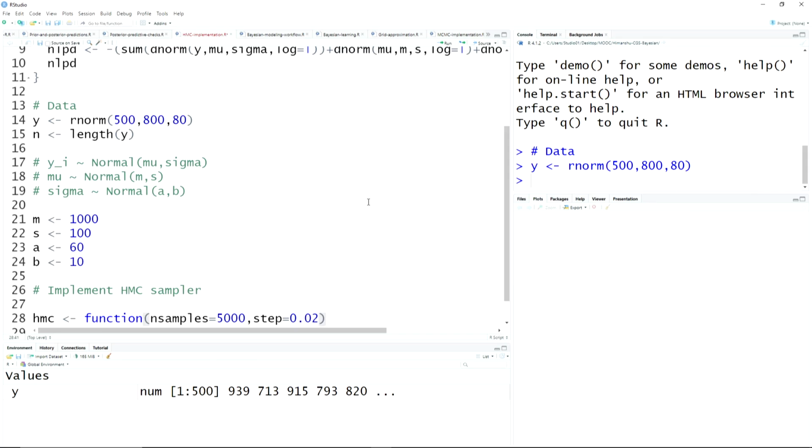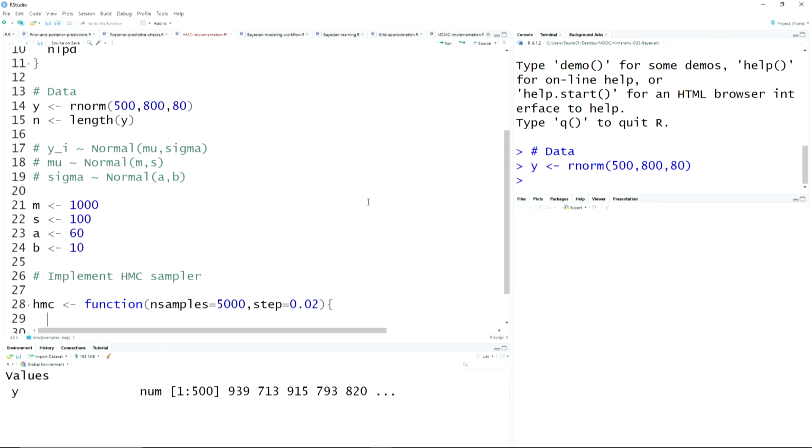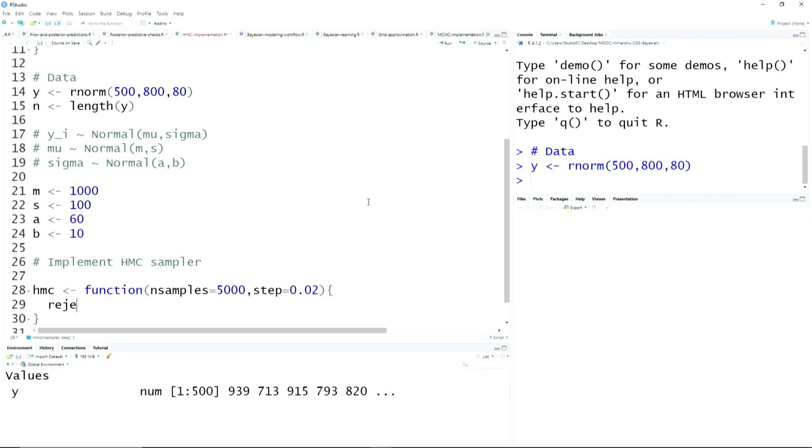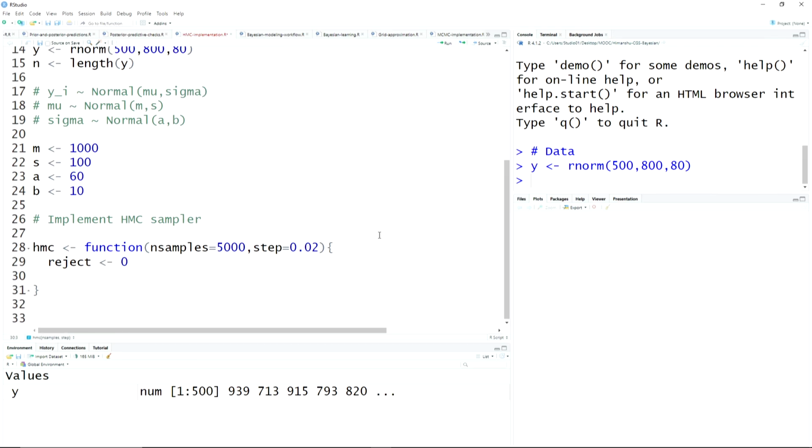You can of course change it later. Then reject is equal to 0, so you also want to count the rejection rate, right?